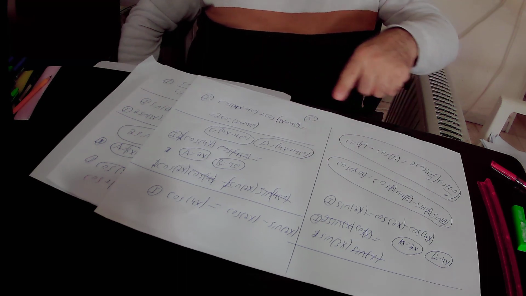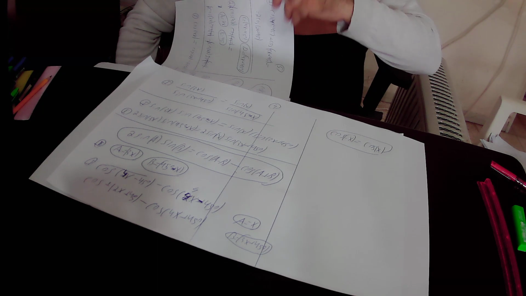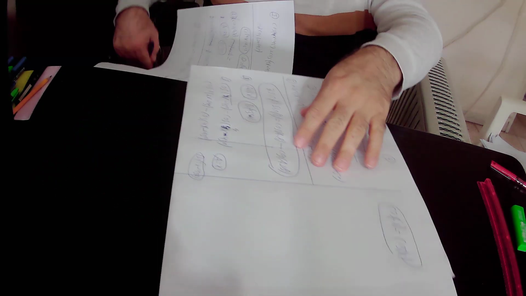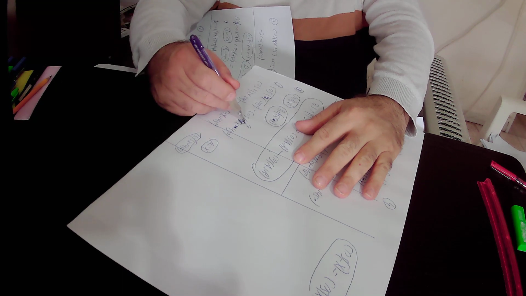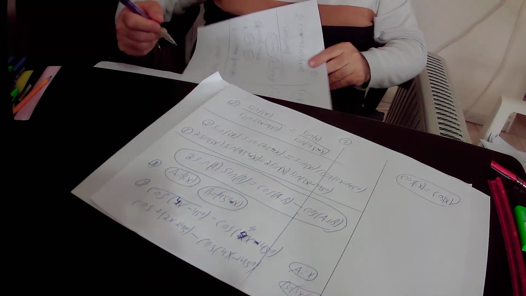Okay, we have cosine 4x plus 45 degrees, and here we have cosine 2x plus 45 degrees, and here also it is cosine 2x plus 45 degrees, so it is 2 times cosine 2x plus 45 degrees.